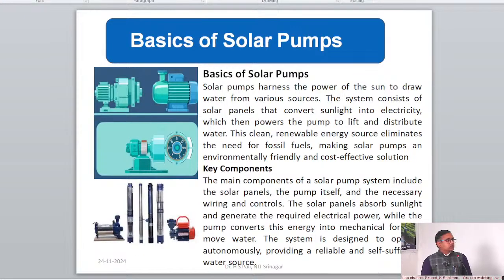So, the basics of the solar pump: it harnesses the power of the sun. Exactly what is the meaning? We call it a solar pump because it harnesses the power of the sun. In this case, the clean and renewable energy source eliminates the need for fossil fuel.